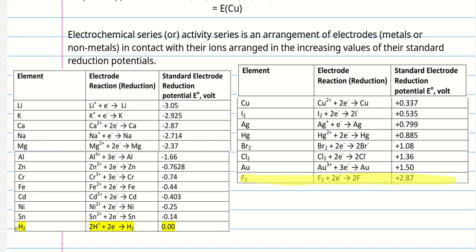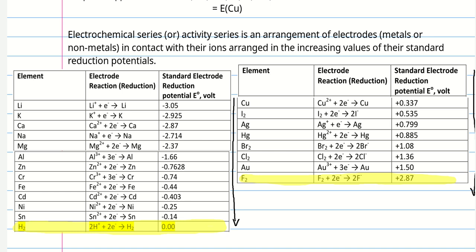Hydrogen, which has a reduction potential of 0, which we consider the reference electrode, is placed somewhere in between. The series continues here; for viewing purposes I've clubbed them into two tables, but copper actually comes below hydrogen and so on.